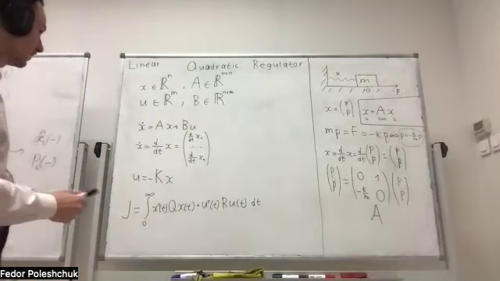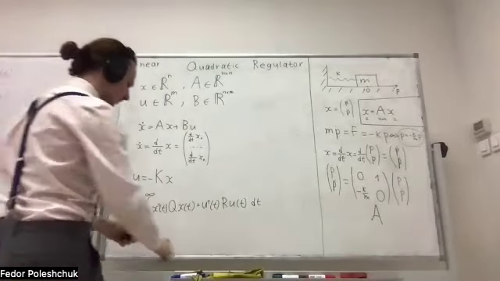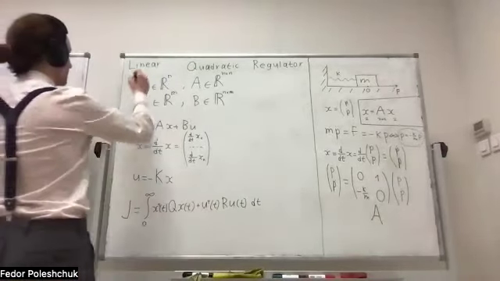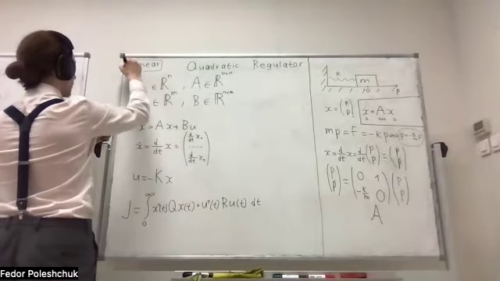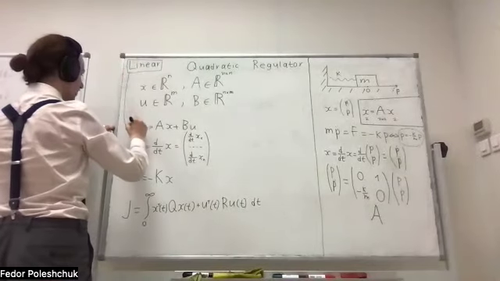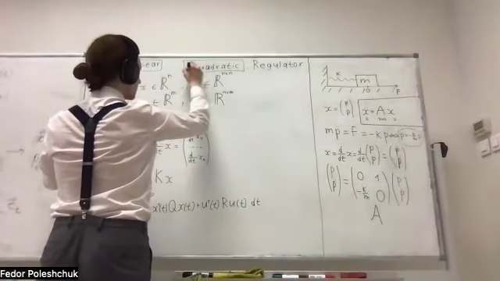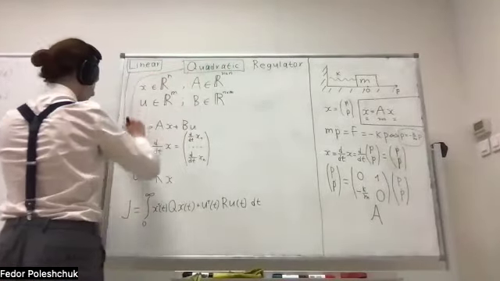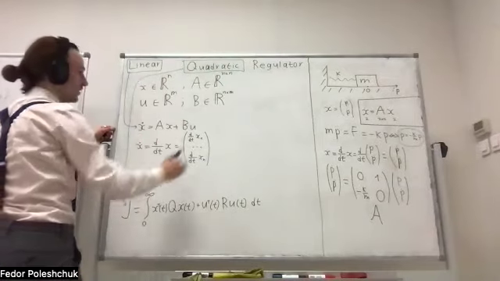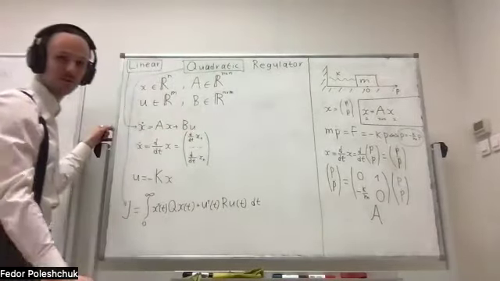So linear corresponds to the type of the system that we're dealing with. We're dealing with linear systems. And quadratic corresponds to the cost function that we are minimizing. Well, and regulator is regulator. It's pretty clear.